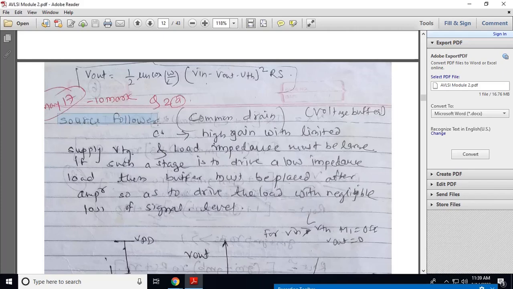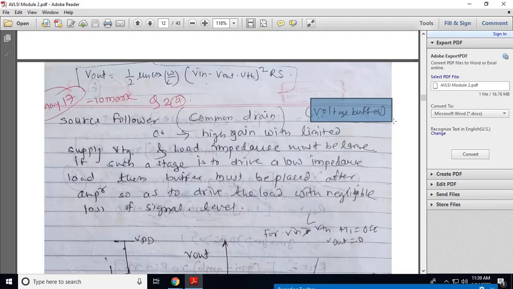Next point, that is the source follower. This is named a common drain. This is another name for the source follower, a voltage buffer. Now see, a common source amplifier has high gain with limited supply voltage and load impedance.